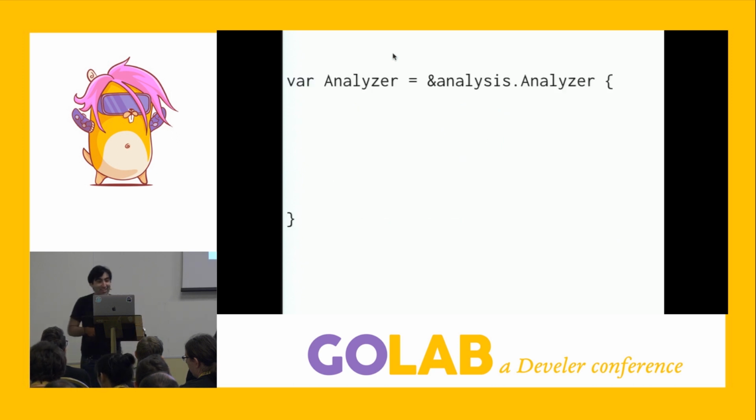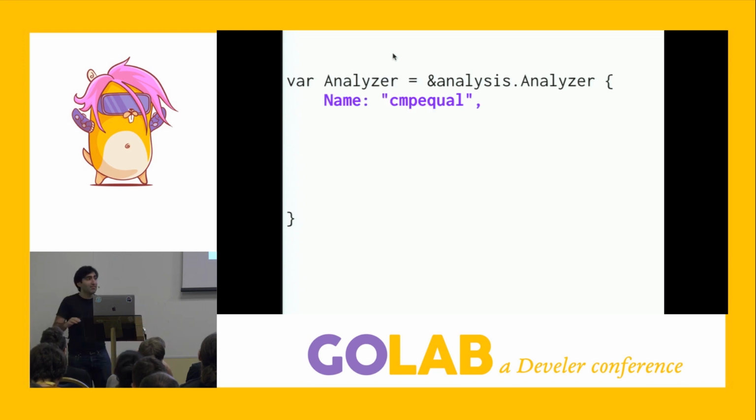Okay, so we're going to start every analysis with this Analyzer value. This provides a configuration for writing an analysis, that the framework can use to run the analysis. Every analyzer has a name. We're just going to call this cmpequal because it's checking calls to cmp.Equal.